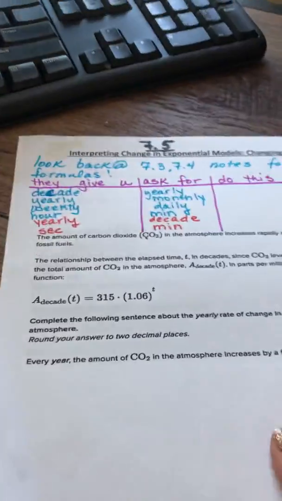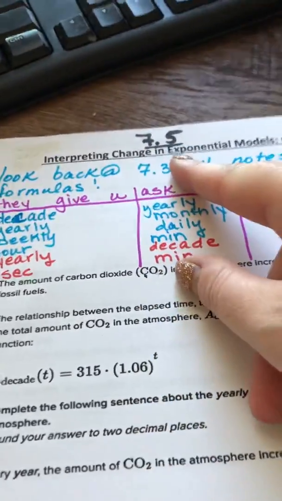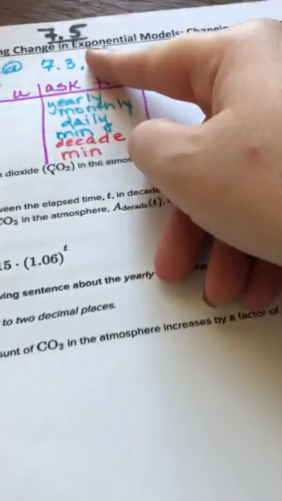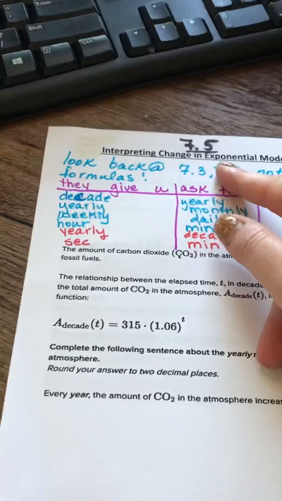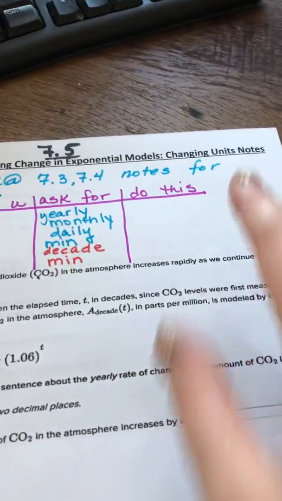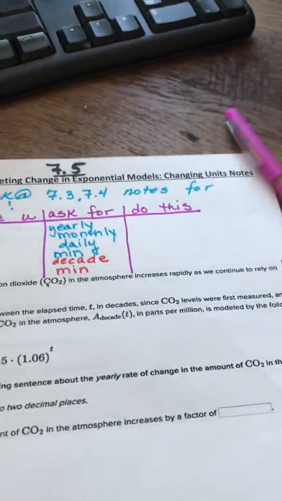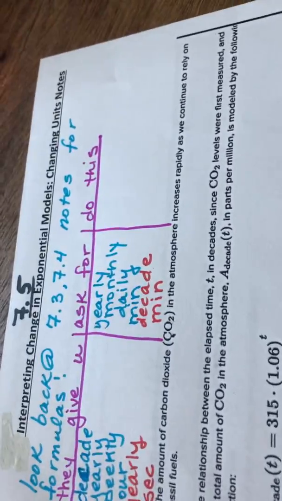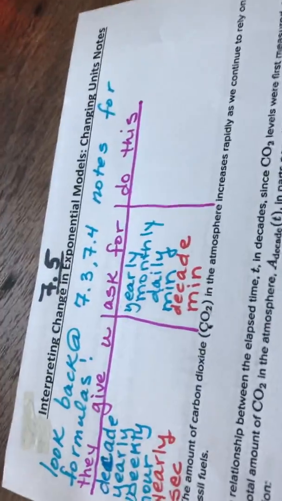All right, let's go. So today we're going to do 7.5. This is the last of the videos for this week, and it goes with interpreting change in exponential models, changing units. This is kind of like physics, dimensional analysis.